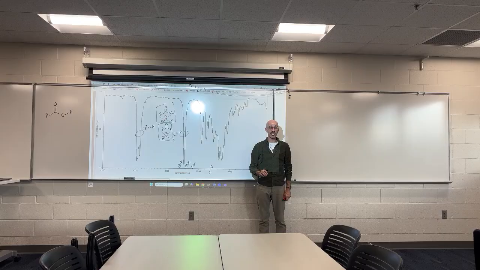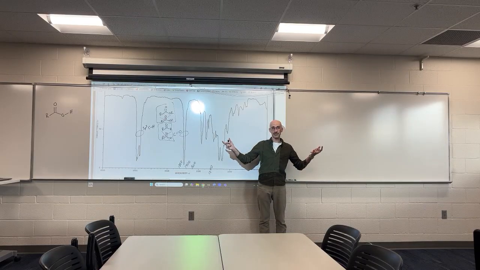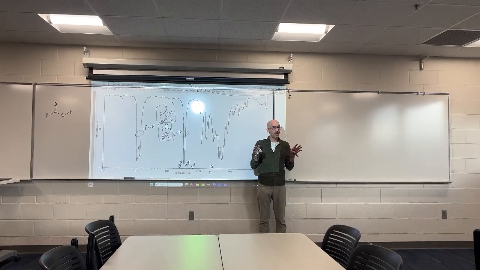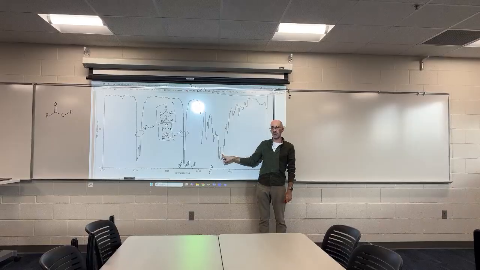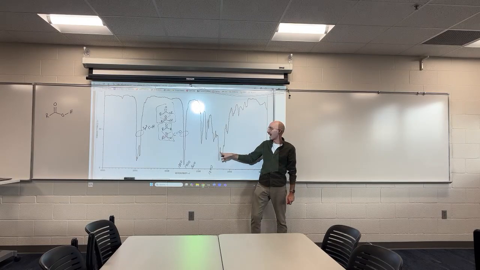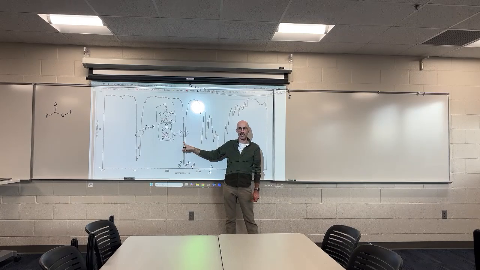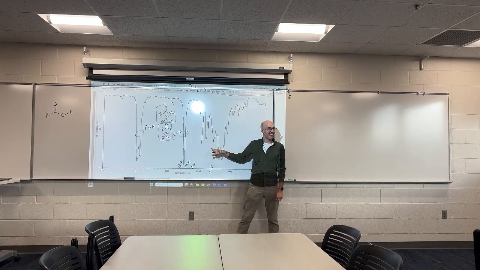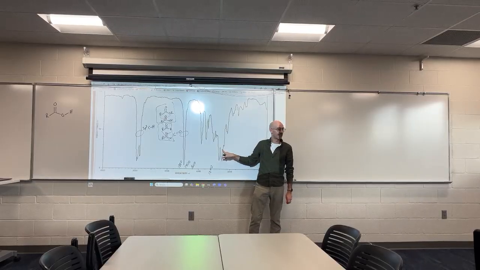Is it possible that it could be a ketone and two ethers? Absolutely. There is no way of knowing that this C-O single bond is the result of an ester connected to this C=O double bond. It could be a ketone and an ether, or two ethers.